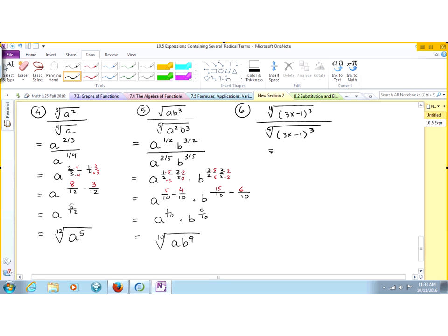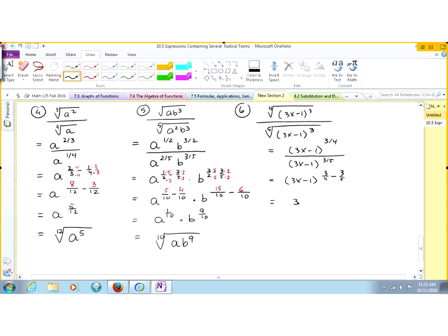Now, number 6. What would you do here? So this is 3x minus 1 raised to the 3 over 4 divided by 3x minus 1 raised to the 3 over 5. Okay. So this is 3x minus 1 raised to the 3 over 4 minus 3 over 5.